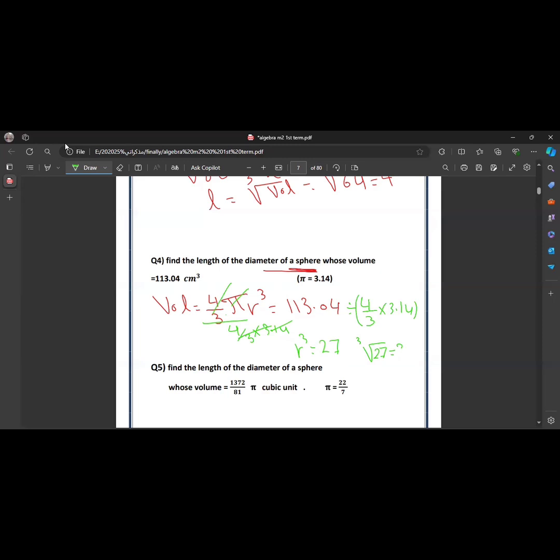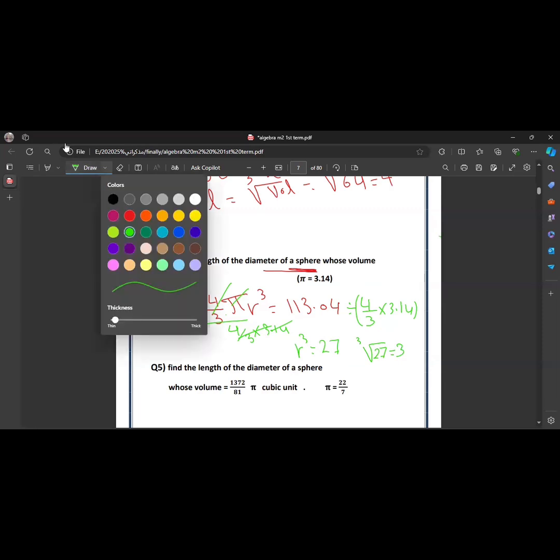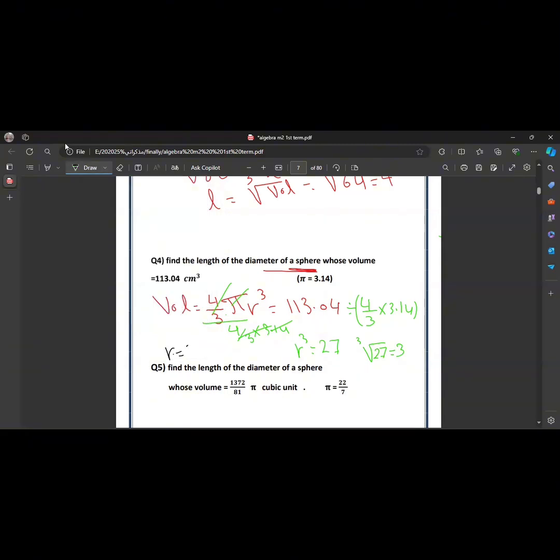Equals 3. So here r equals 3. The radius equals 3. So my diameter is 2 times 3 equals 6.